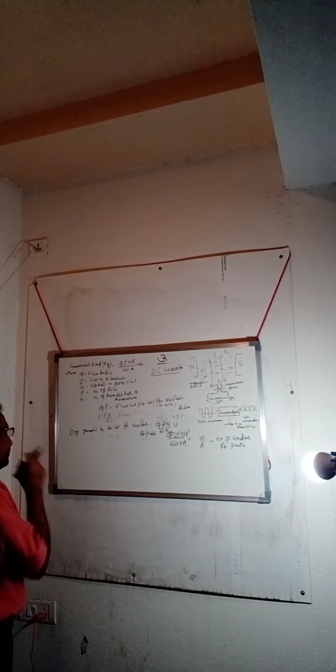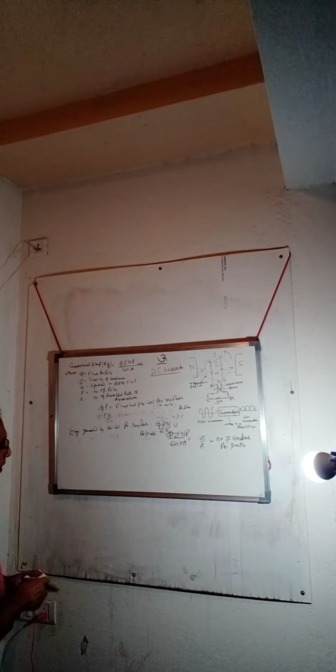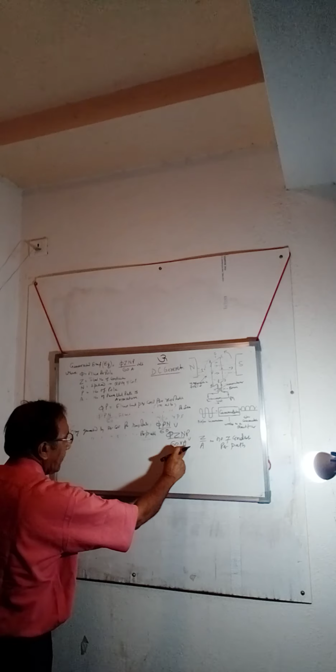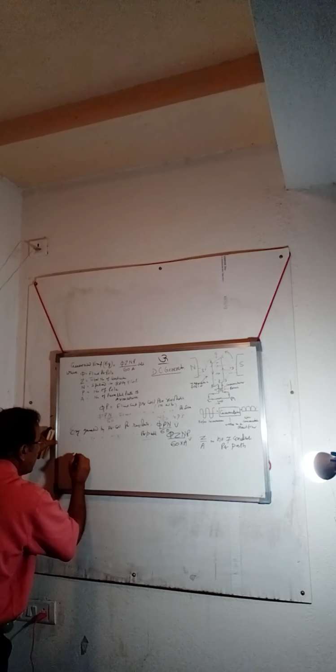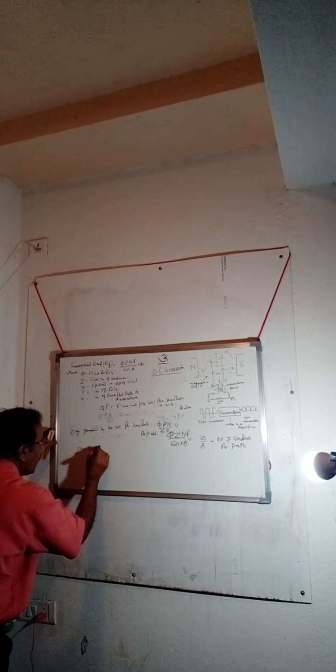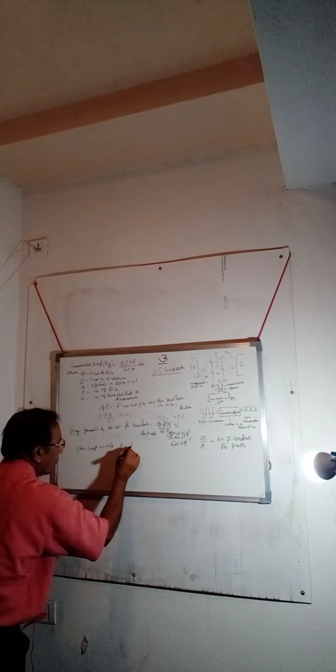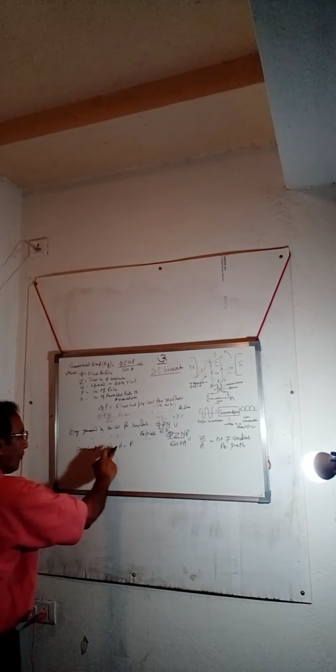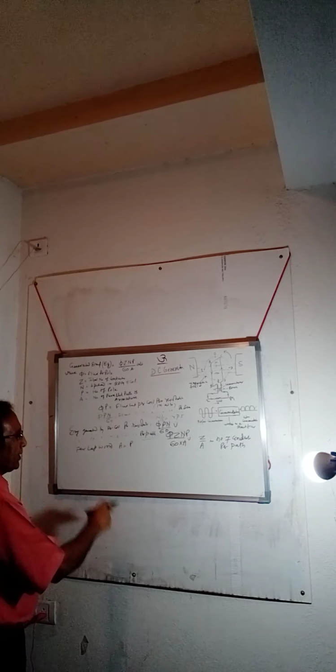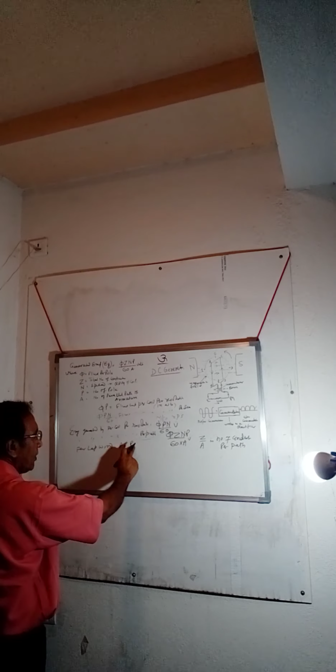Now some important facts. A is the number of parallel paths. For lap winding, A is equal to P, meaning the number of paths on the armature is equal to the number of poles.